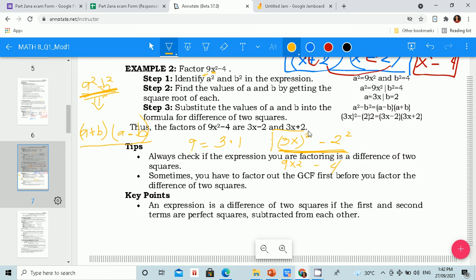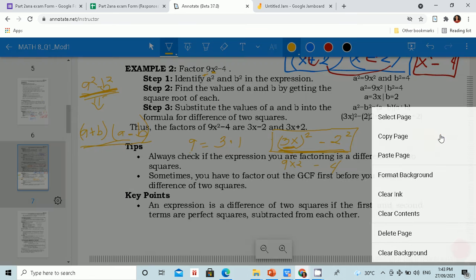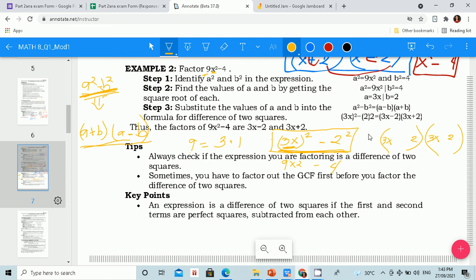Let's use this one, class, as our factor. Himuon na to siya inani. So, we have, duhaon na to siya. 1 parenthesis times 1, another parenthesis. Ang saan gali ni siya? We just duhaon na to. Ato na ibulag, 3x. Butang po na to isa ka 3x. Ang isa pa ka 2, ibutang na to sa pikas. And then, what about the sign?